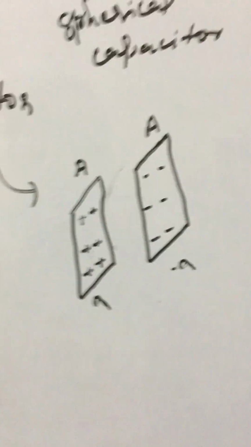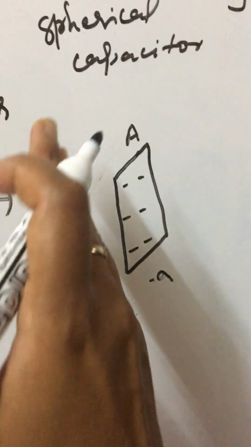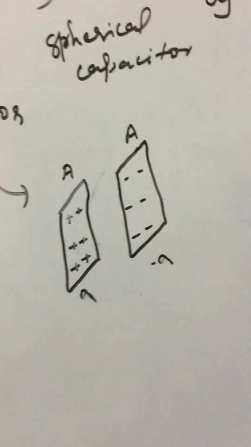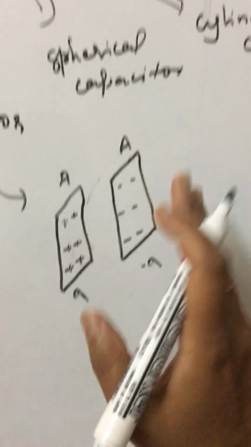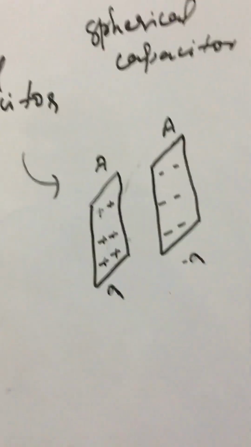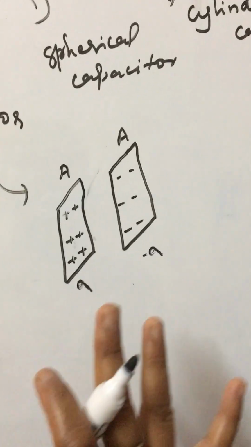One more thing, again I'm saying, the charges on the capacitor are on the inside of the plate. The charge will not be outside. So there are two plates, positive and negative, equal, having the same area, and this is the parallel plate capacitor.